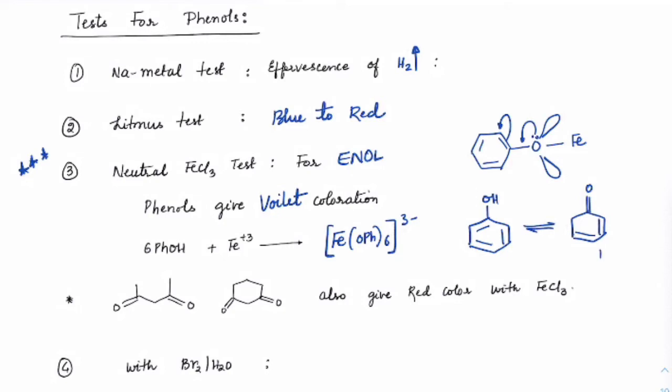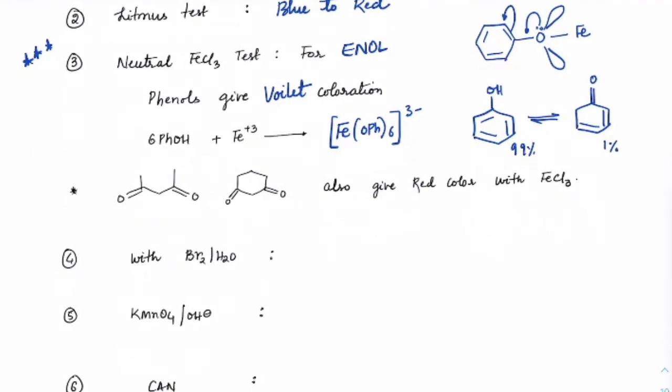You know that this keto form is hardly 1 to 3%, and the enol form is 97 to 99%. So that's why it is giving a positive test. Which means that any compound with a high percentage of enol content should also give a positive test, which is correct. You can see this one: beta-keto aldehydes, beta-ketones, beta-diketones.